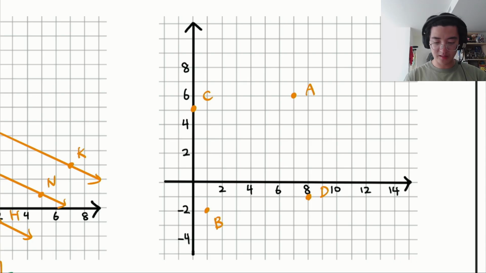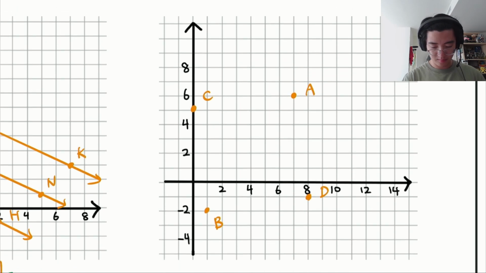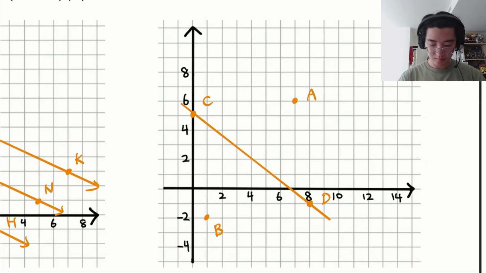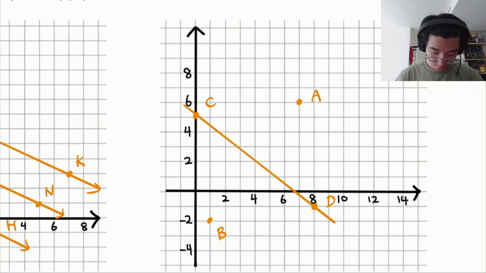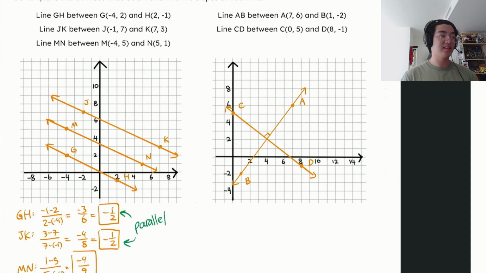Okay, once again, get our ruler. Just like that. And we notice here that those two lines are perpendicular, right? They meet here at exactly 90 degrees.